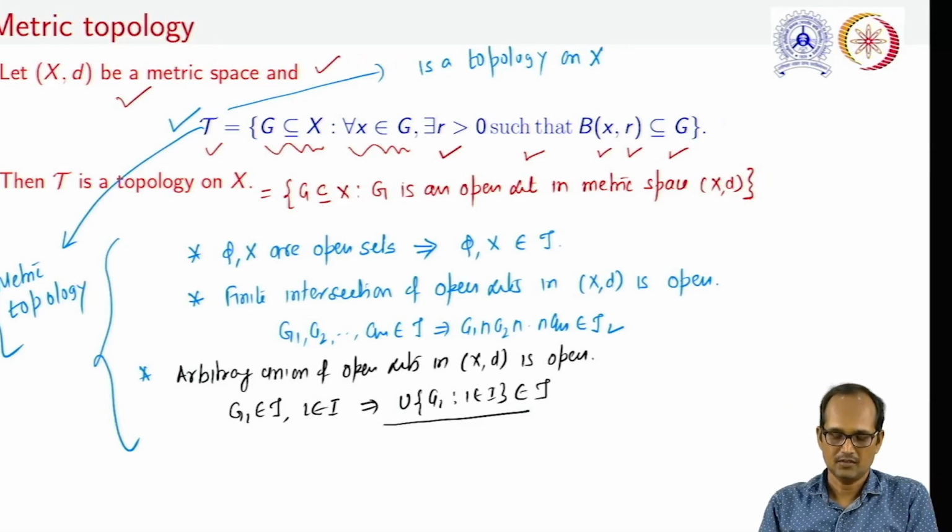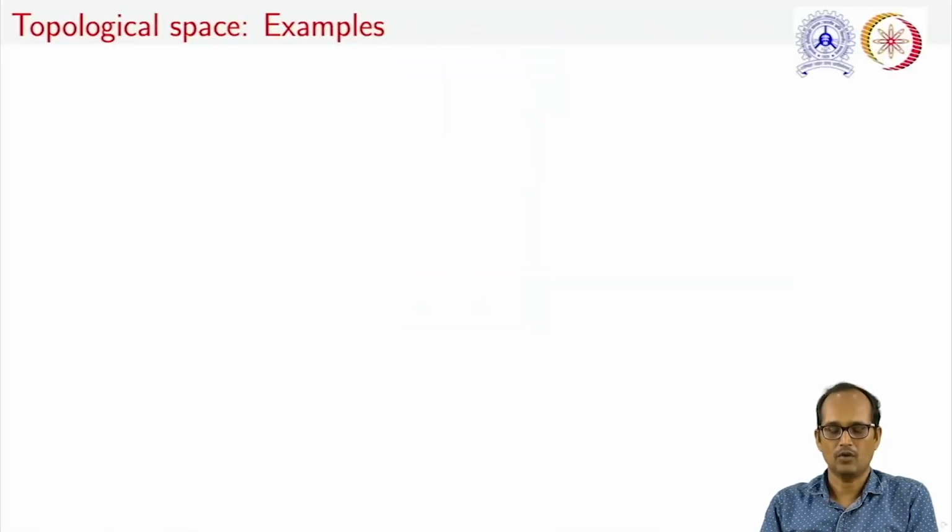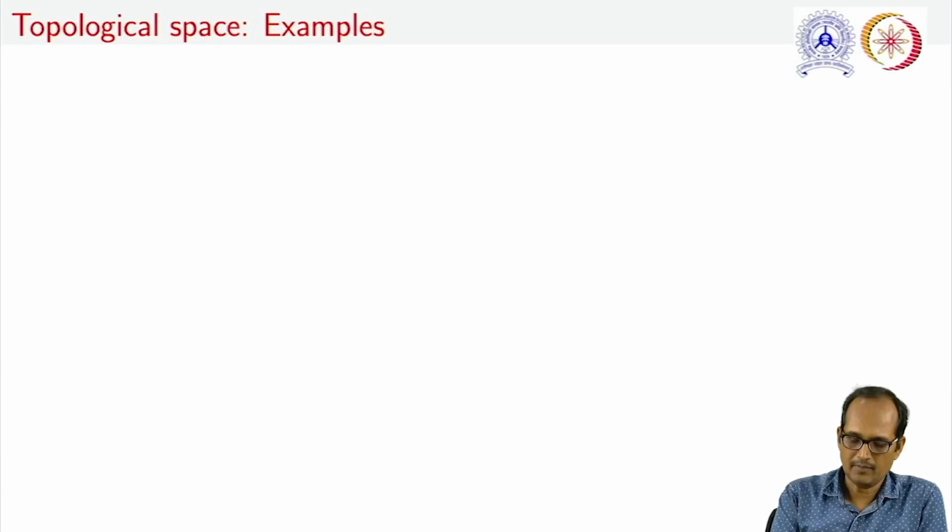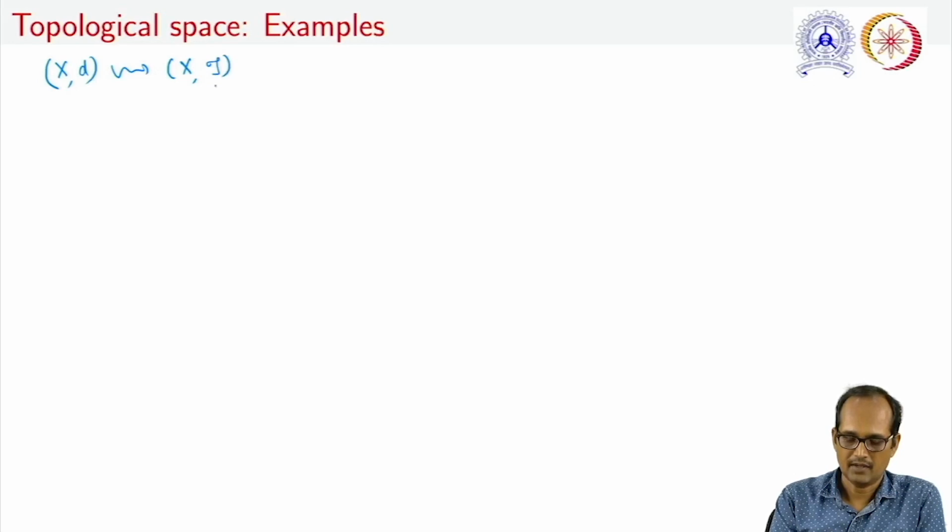Let us discuss some more concepts on metric topology. What we have seen is that if we begin with a metric space (X, d), we can put a topology on X, and this topology is called metric topology. We will use a fixed notation for it. We will denote the metric topology induced by this metric space (X, d) by tau d.